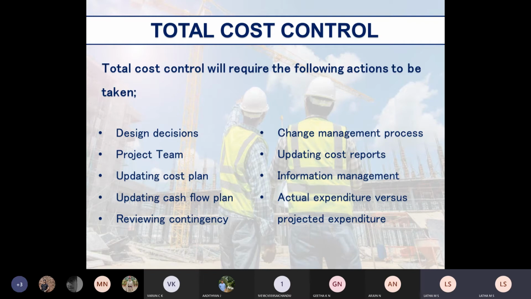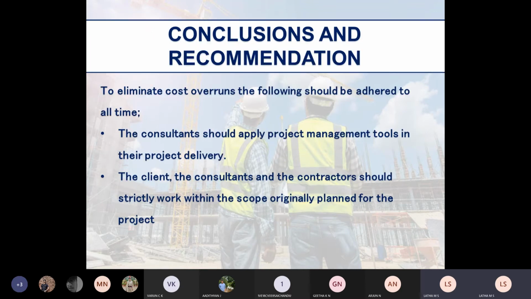If you have a 1 crore project, you have to plan for 1 crore or 1.5 or 1.75 crore. So reviewing the contingency, change management process, update cost reports, information management, all this has to be incorporated and undergone at the same time.